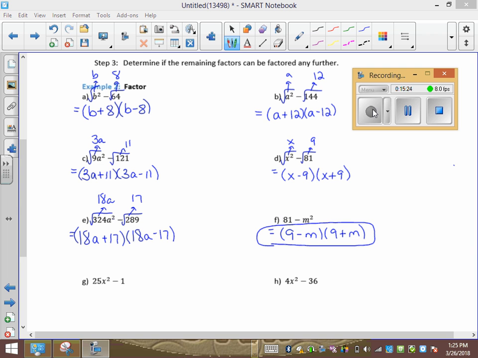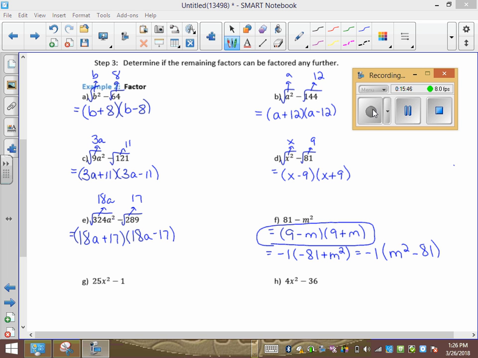It's not wrong. But what you could do is take a negative 1 out first. If you took a negative 1 out, you get negative 81 plus m squared, which is actually the same as negative 1 times m squared minus 81, if I just reordered them.